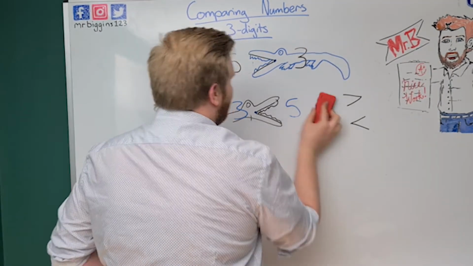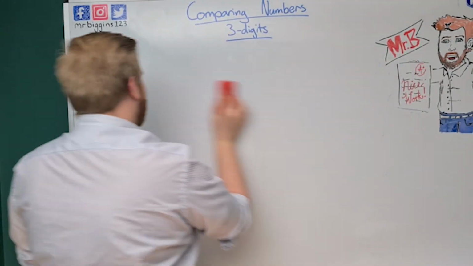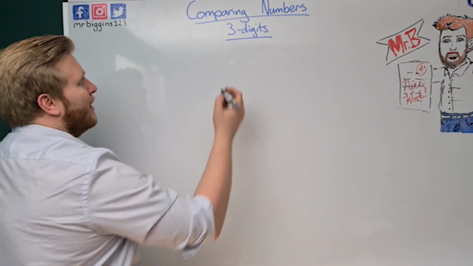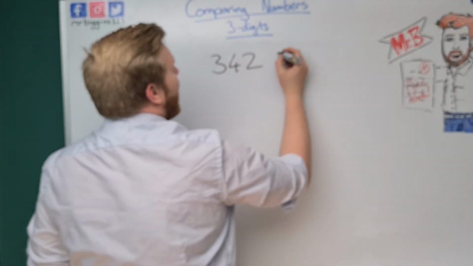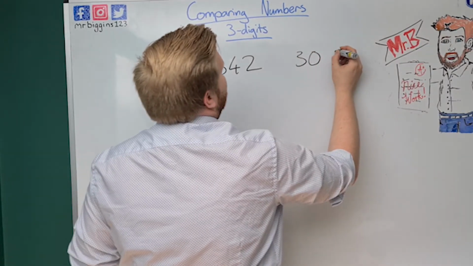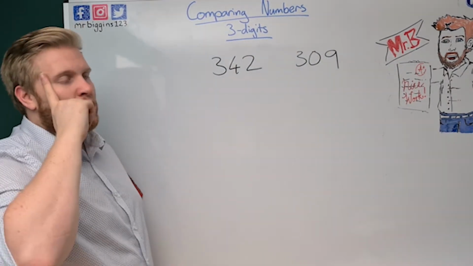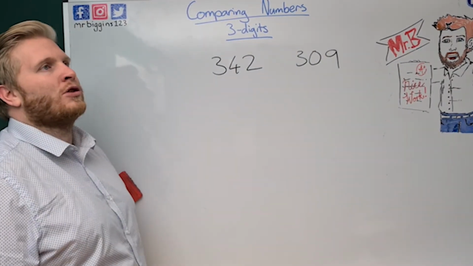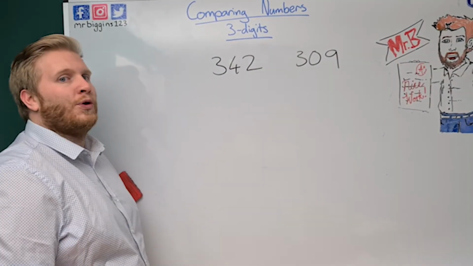So let's use our greater than and smaller than, okay, and our skills to answer a couple of questions. So let's have the number 342 and 309, okay? We've got 2 numbers. Now in your head now, use our tricks. Start from the left of both numbers and see what we have. What do we have?